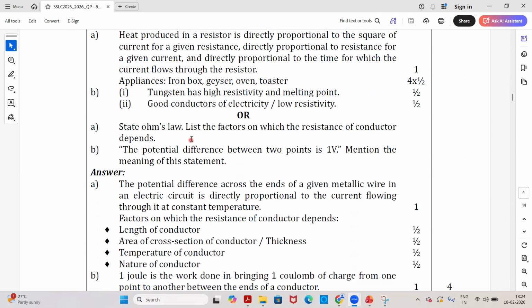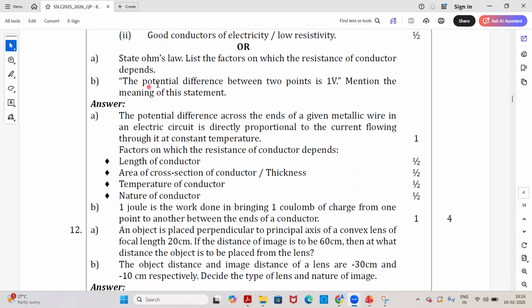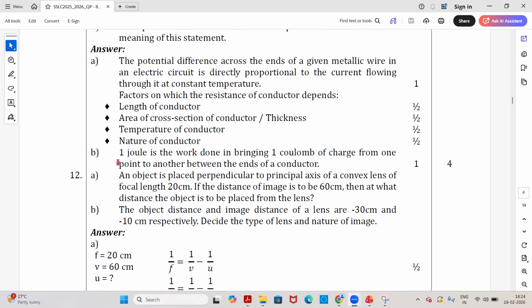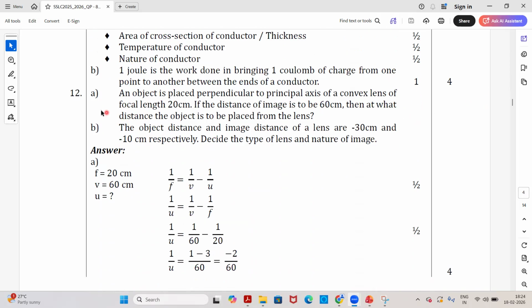Then one optional question given against this is state Ohm's law, list the factors on which the resistance of conductor depends. Then question B, the potential difference between 2 points is 1 V, 1 watt. Mention the meaning of the statement. So answer A and answer B given over here, and the marks allotted over here. Okay, next 12th question.